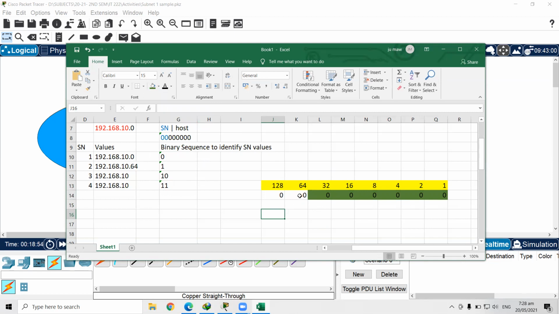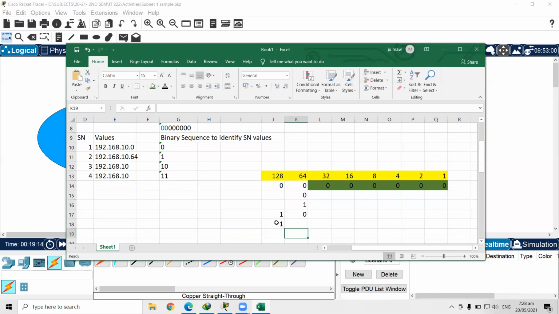Ito na ngayon yung dalawang bits mo. Kasi subnet yung required. So, 0, 1, 1, 0. Mali. 1, 0, 1, 1.